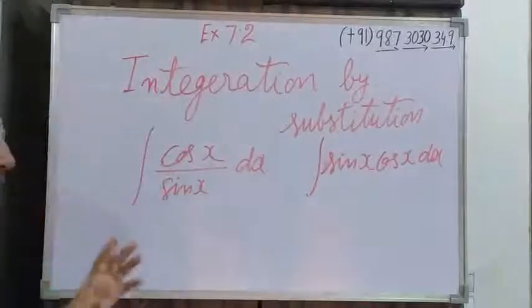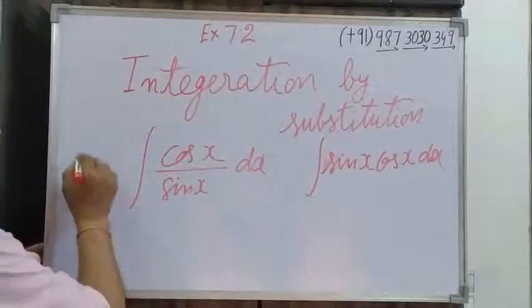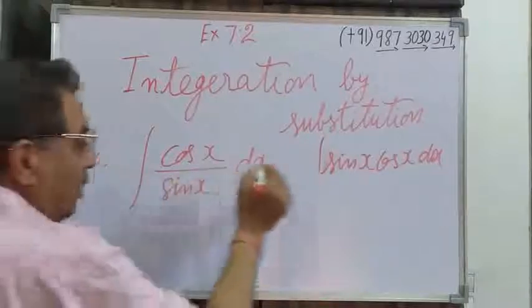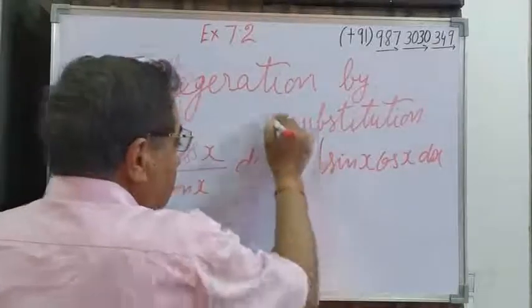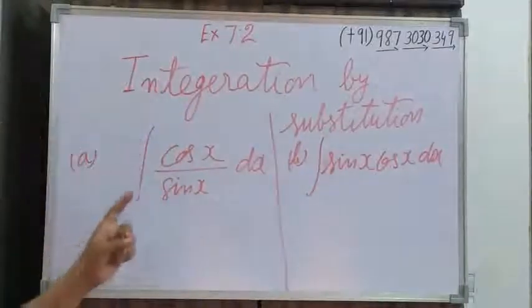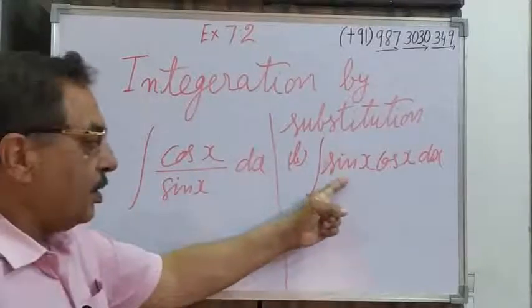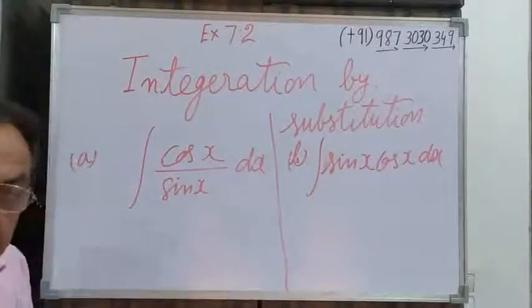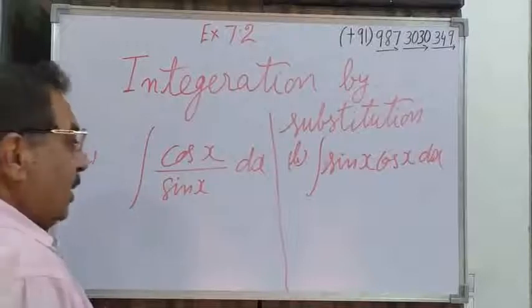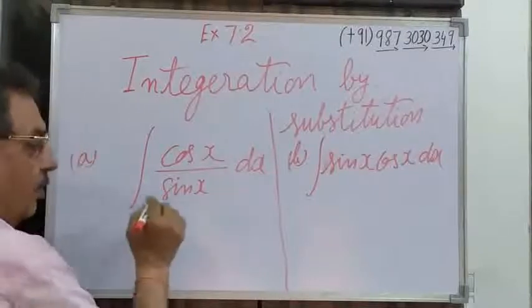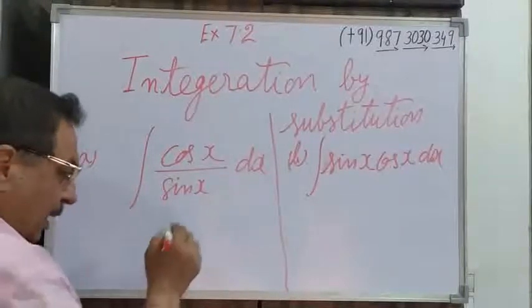In both cases, this is part A and this is part B, we observe the function and its derivative both present in the question. So in such cases, we use the integration by substitution method.